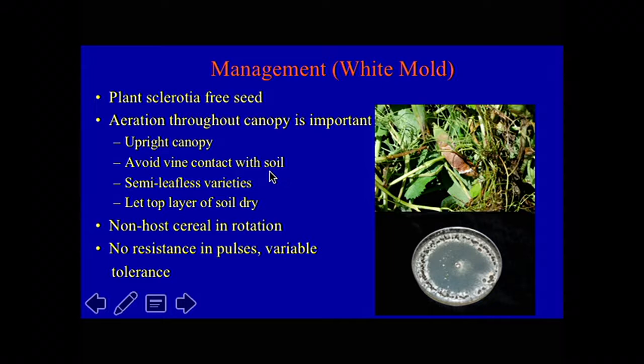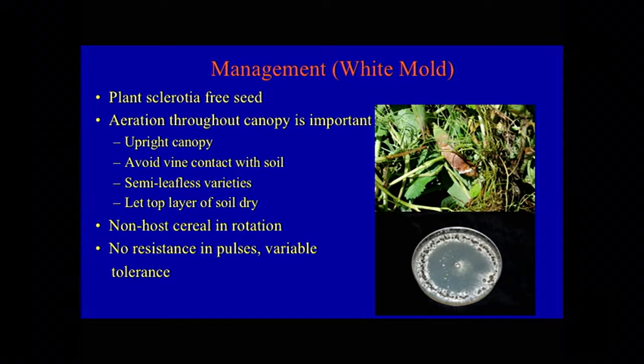That's why these upright varieties that tie together are more naturally resistant due to their architecture. They're not as easily infected by the white mold pathogen. Once again, I mentioned these semi-leafless varieties allow the canopy to be more aerated because it takes high humidity, close to 100% humidity for the fungus to develop.